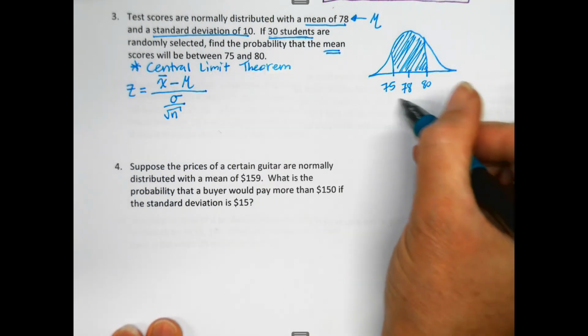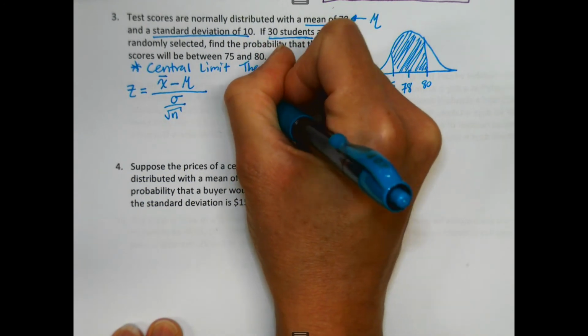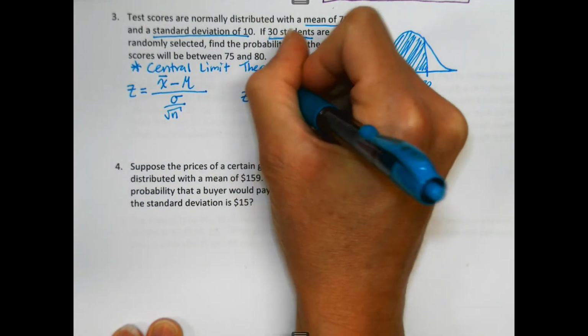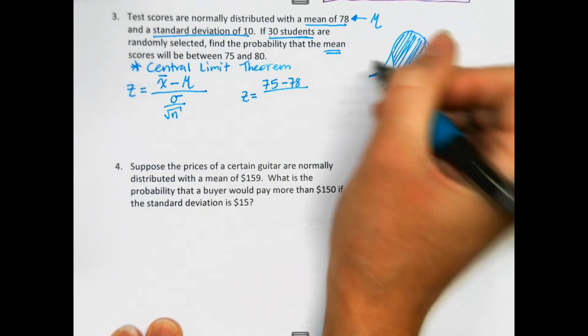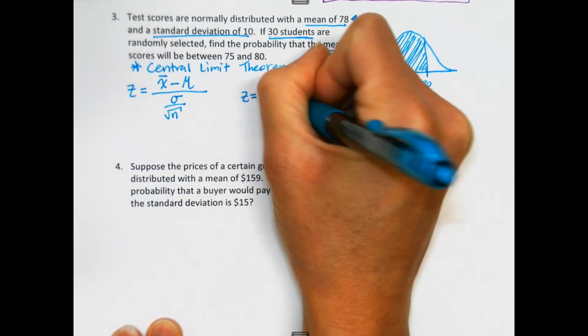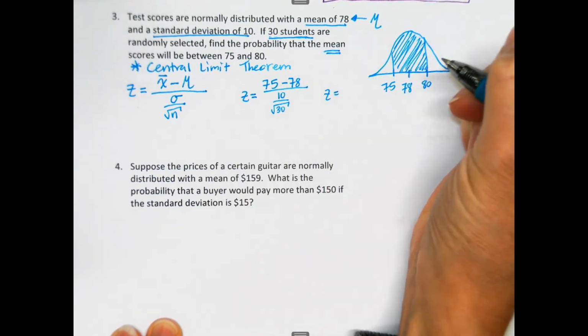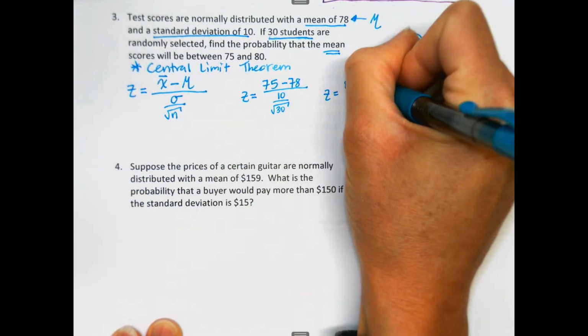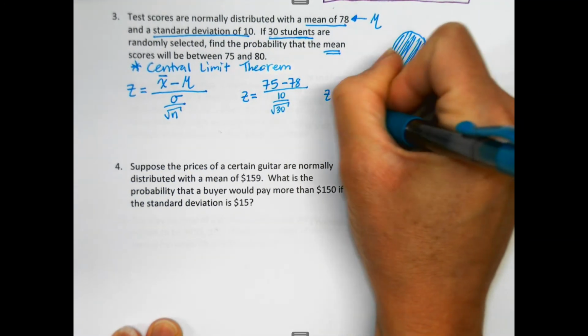So we're going to have to find z for 75 and z for 80. I'm going to take 75 minus 78 divided by 10 over the square root of 30, and 80 minus 78 divided by 10 over the square root of 30.